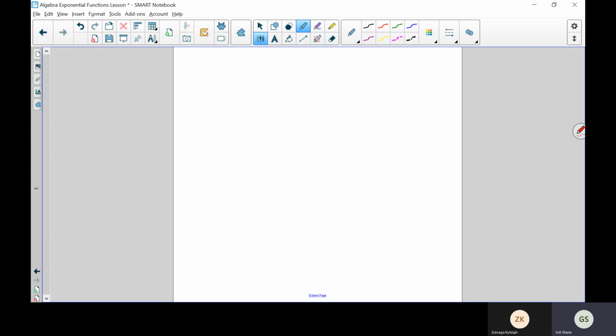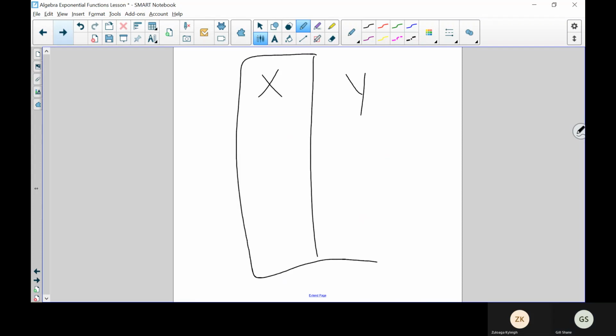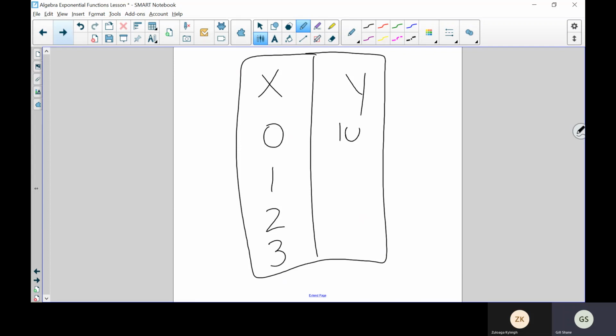So here you go. Here's the table. So you're going to copy this table down. So as I write it, you have an X and a Y. X's are going to go 0, 1, 2, 3. So there, copy that table. Only went up to 3.